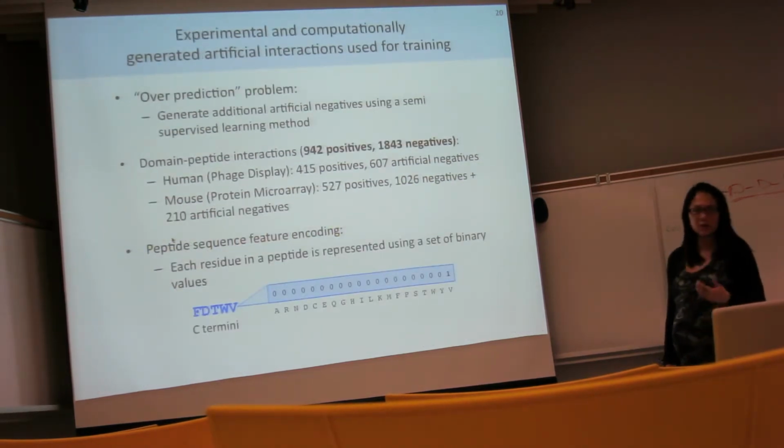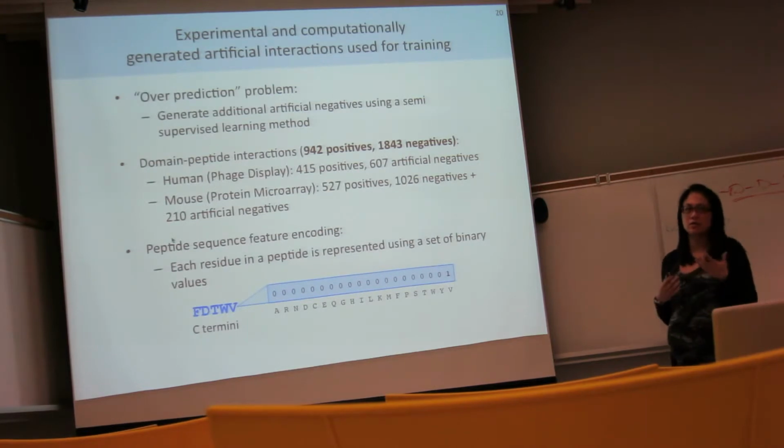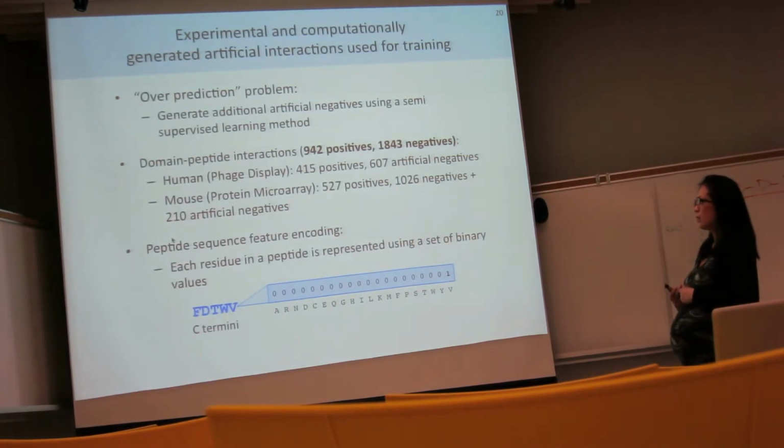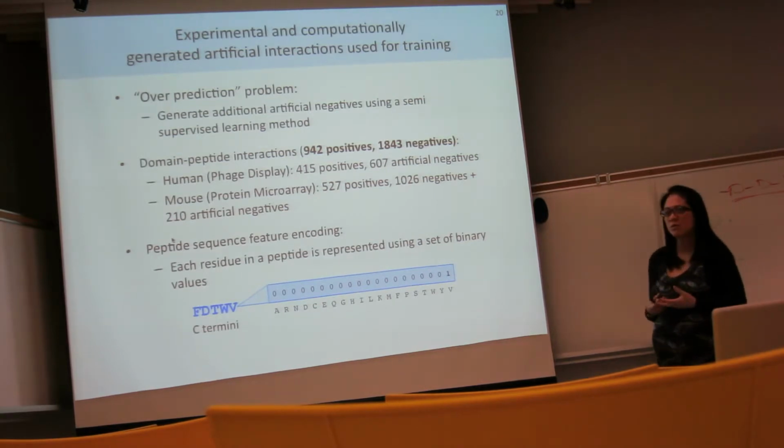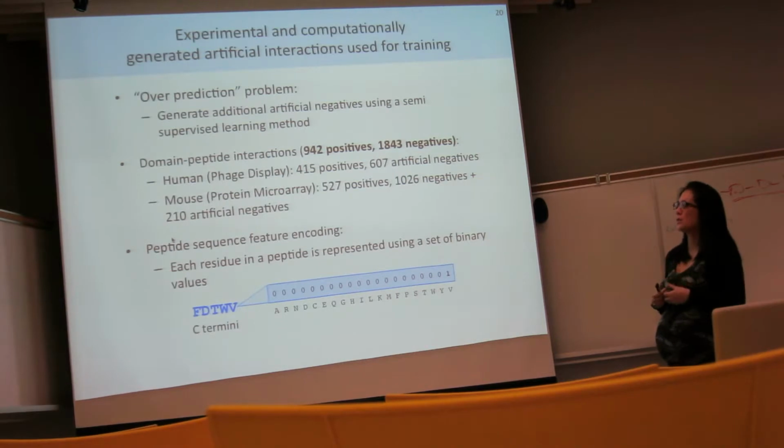The interaction data that we used for training is actually the same as for Project 1, except that when we were initially training the predictor, we noticed that it had problems. For many domains, it would predict many false positives.